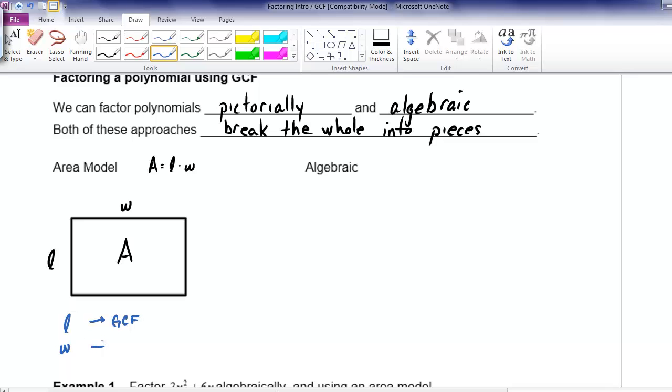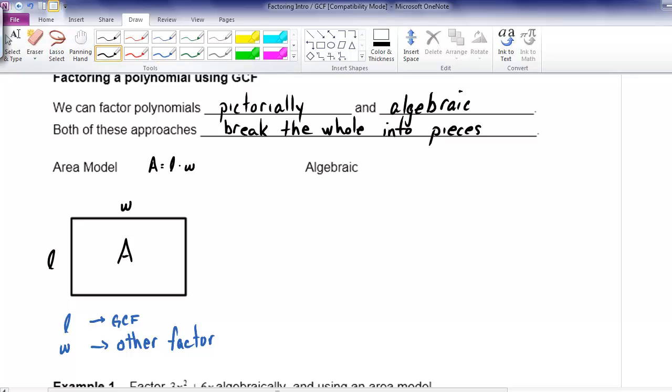And W is always going to be my other factor. And pictorially, they're the dimensions of a rectangle. Now, when we use the greatest common factor, the other factor cannot be broken apart any more than you write it down. And you'll see what I mean.